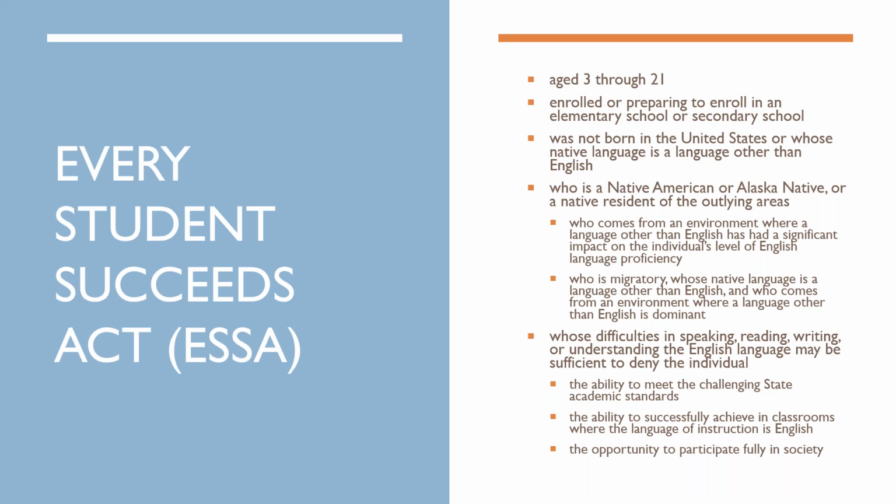It specifically mentions Native American or Alaskan Native, and again further emphasizes the predominant language not being English, either their first language or living within a community where the predominant language is other than English. And then again, further emphasizing those difficulties or skills in speaking, reading, writing, or understanding the English language.